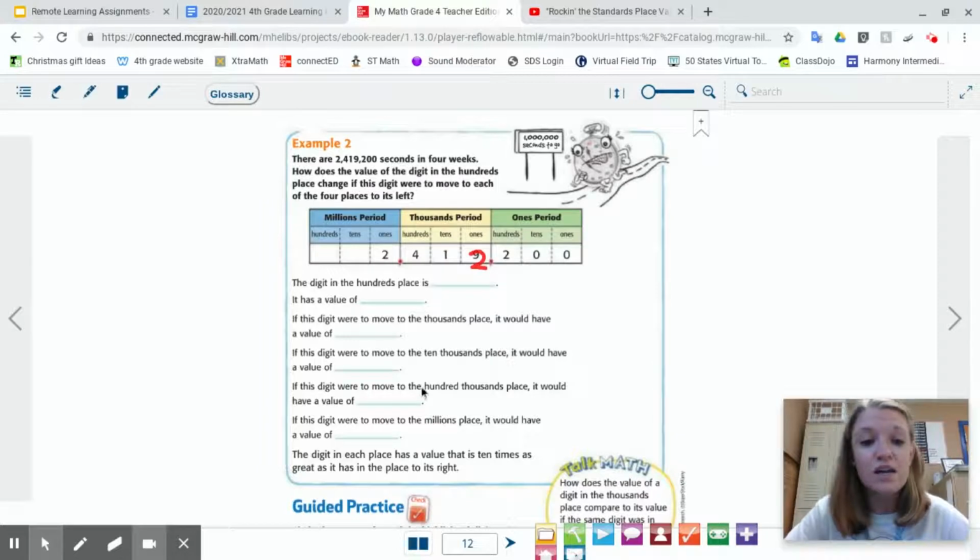Basically, you're putting the digit in front of the place to be able to say the number. And if it were to move to the millions place, what do you think it would have a value of there? It would have a value of 2 million. That's a lot. Wow. So the digit in each place has a value that's 10 times as great as its place to the right.